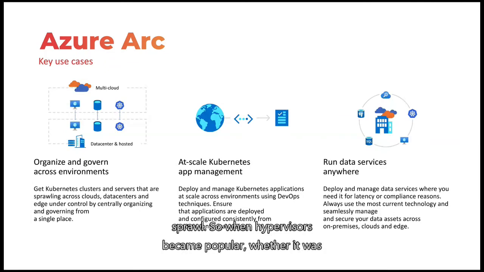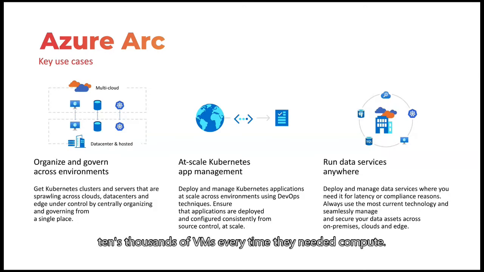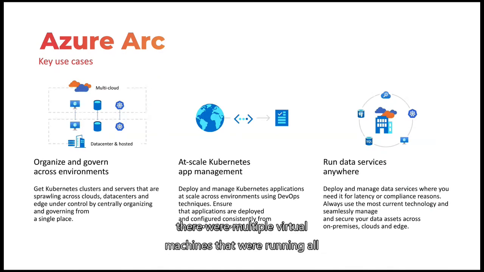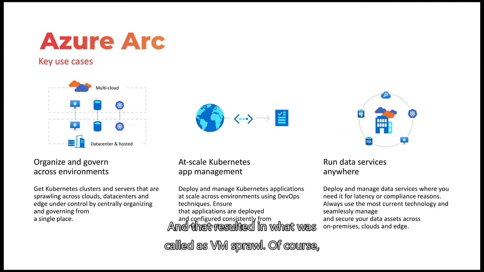So when hypervisors became popular, whether it was Hyper-V or VMware's vSphere, customers ended up launching tens of thousands of VMs every time they needed compute, using either System Center or VMware vCenter. And very soon, there were multiple virtual machines running all over the organization with absolutely no control. And that resulted in what was called VM sprawl.